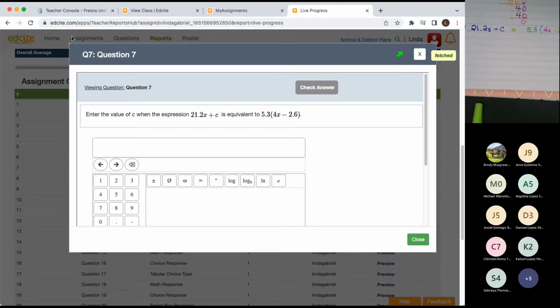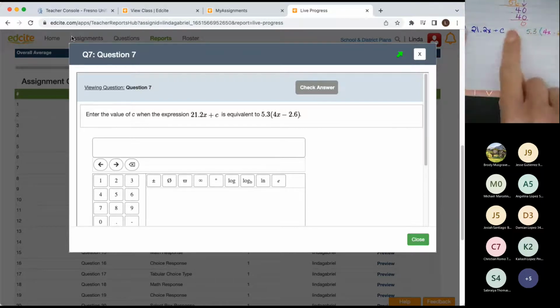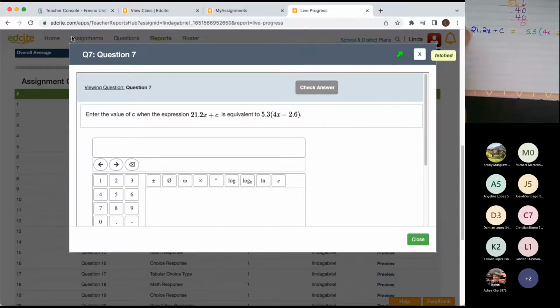All right. So we are going to kind of attack this one problem at a time. Bye, Ella. Bye, Erica. We need to start with our parentheses. Okay, on this side, I have 21.2x. I can't do any multiplication because I don't know what x is. And then I have plus c. I don't know what c is equal to, so can't really do anything there. I know what I need to do because the question asked me to find the value of c.